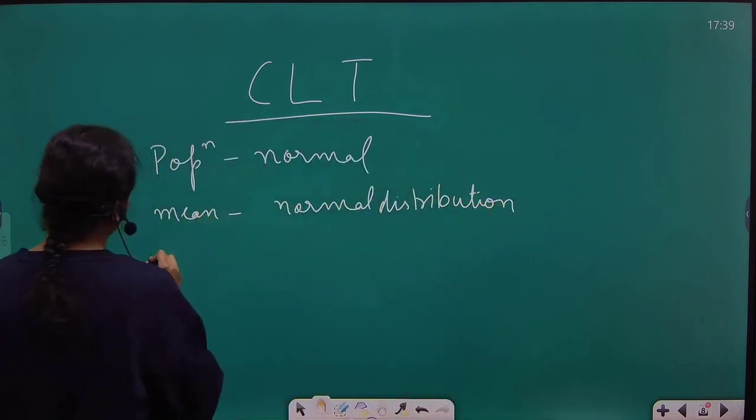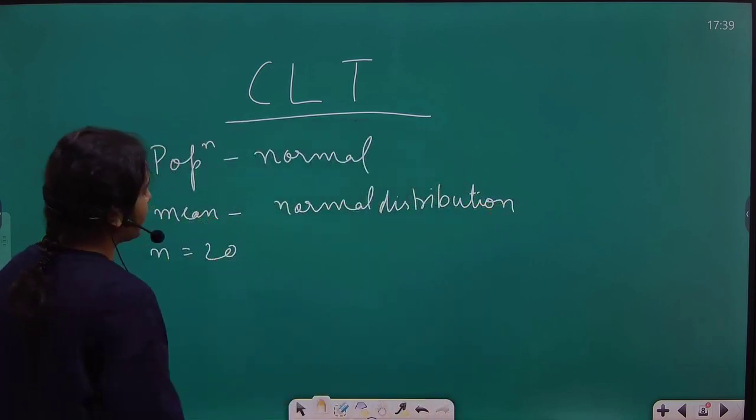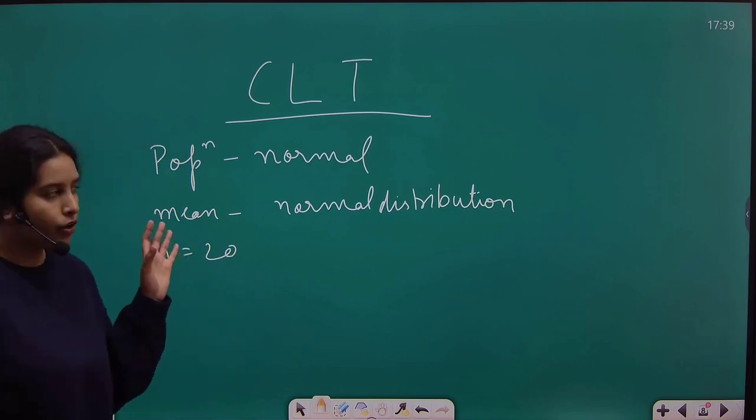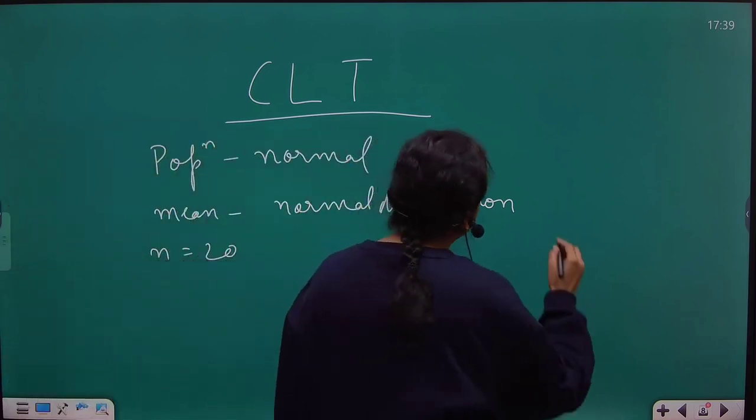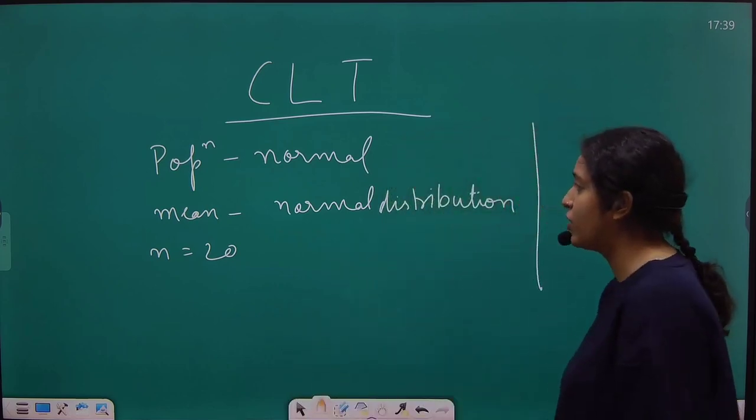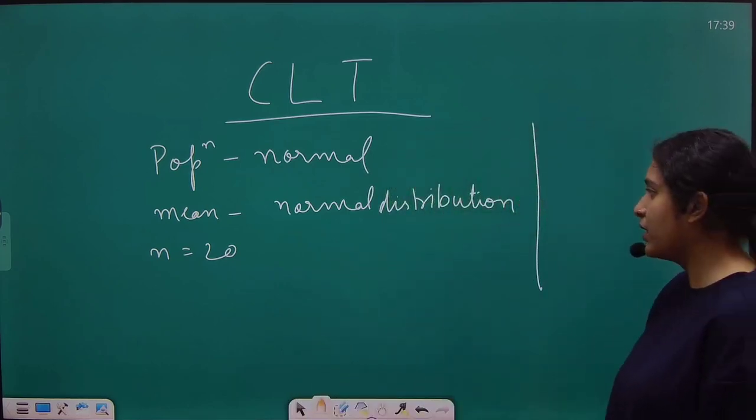Let's say n is equal to 20 and it is normally distributed, then the mean of this sample will also be normally distributed.